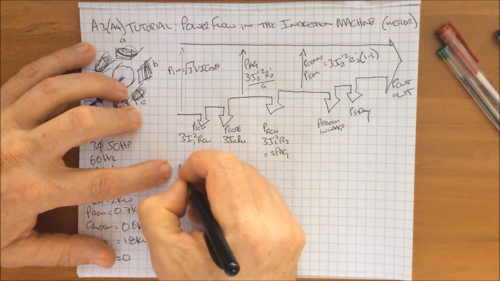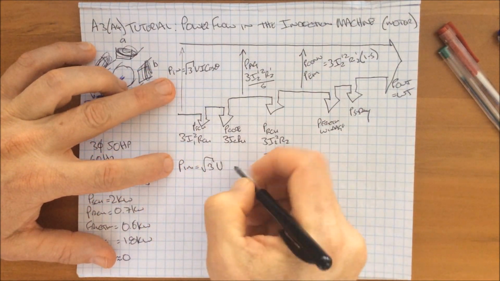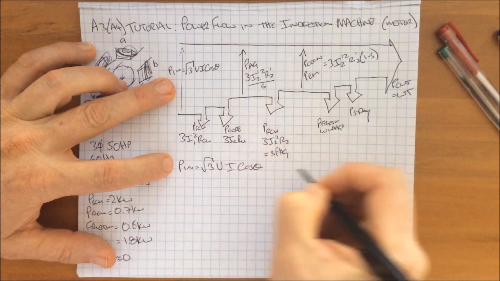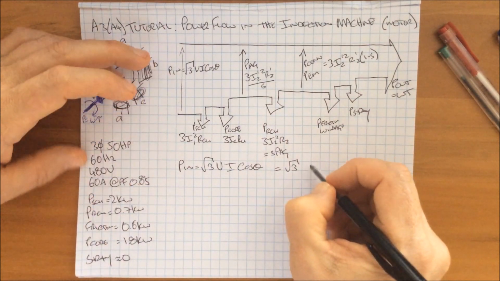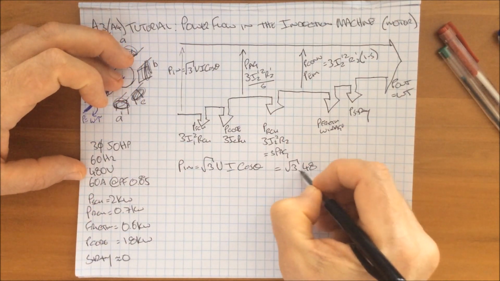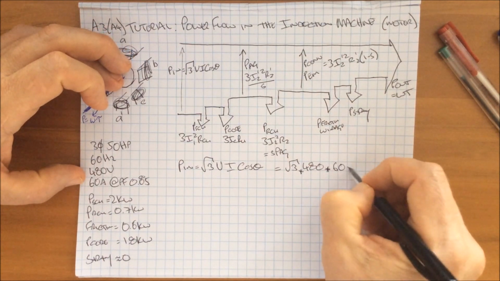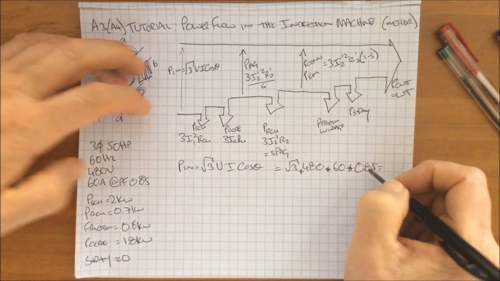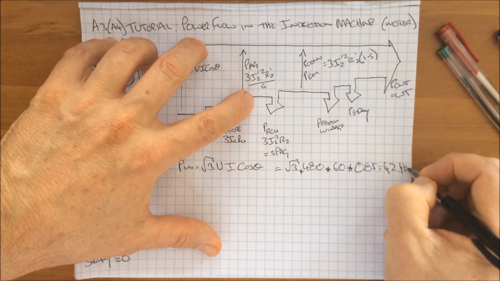So the electrical input power, as I've said, is root 3 times the voltage times current times the power factor, and that is root 3 times 480 times 60 times 0.85, which is 42.4 kilowatts.